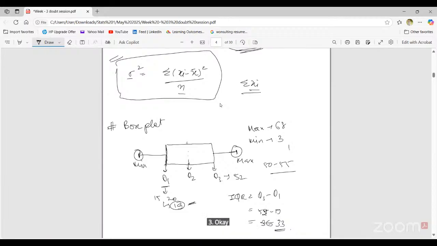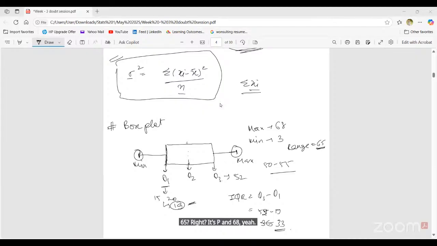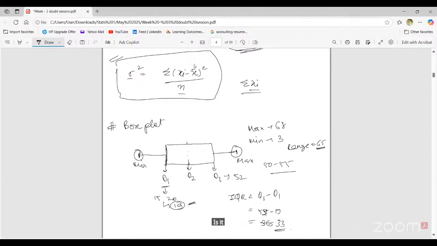So my range would be what? 65, right? It's coming out to be between 64 and 66. Is it fine? Yes, okay, ma'am.